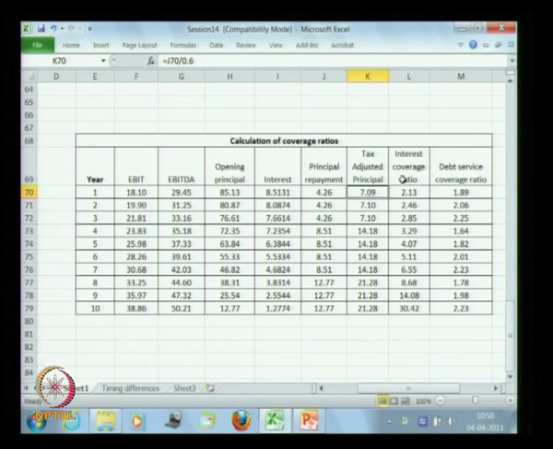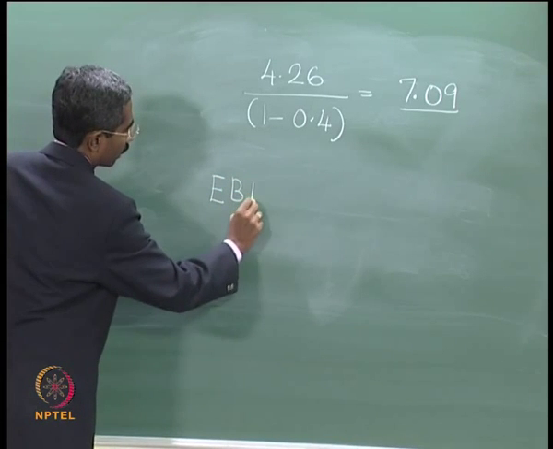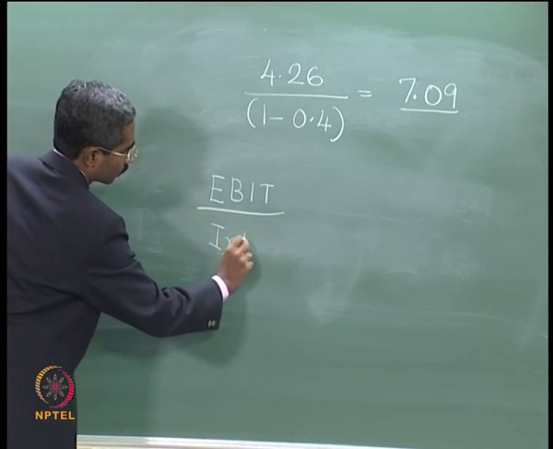We have the interest coverage ratio, and then we have the debt coverage ratio. How do we actually calculate the interest coverage ratio? Interest coverage ratio is nothing but earnings before interest and tax divided by your interest.